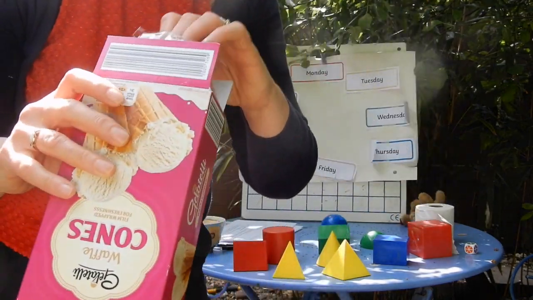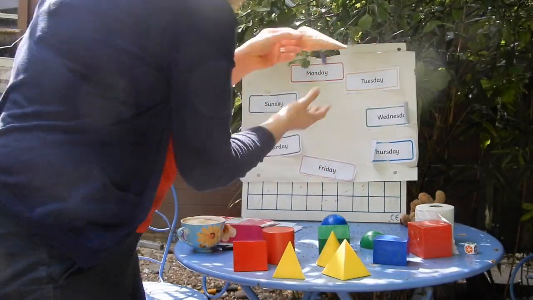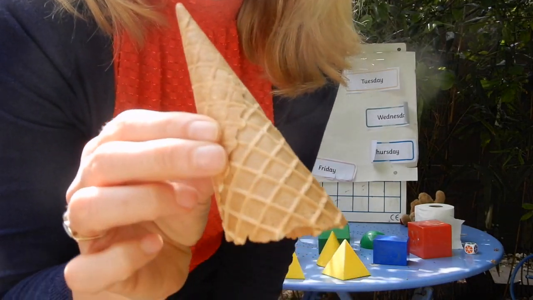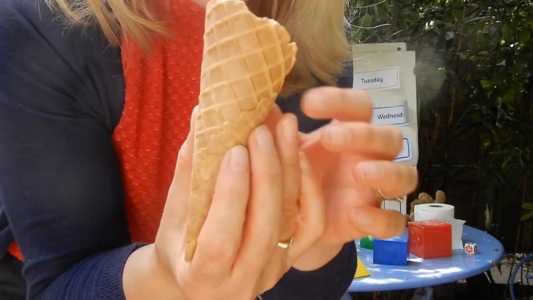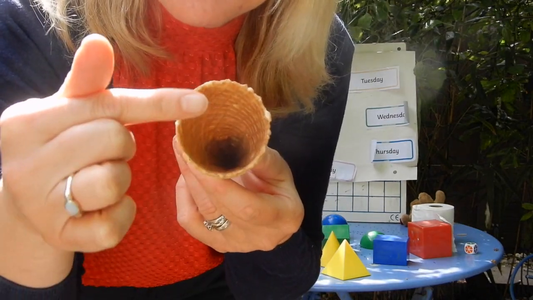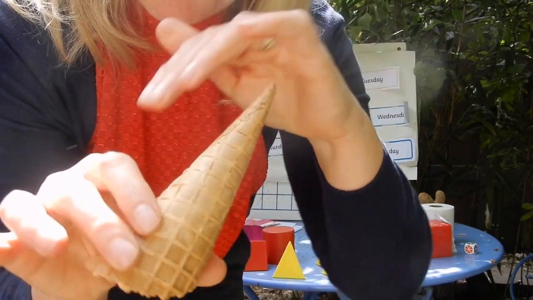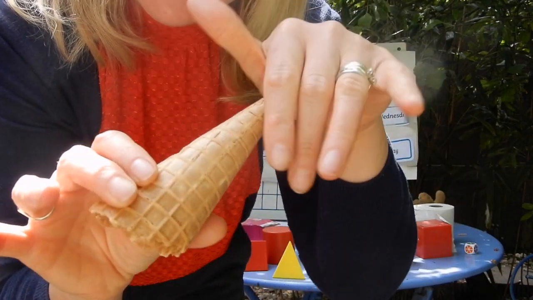Now I am back, hopefully you are back. I have managed to find a cone shape. Look, it's an ice cream cone. It's a little bit wonky at the top here, but you can see it has a circle-shaped face here. And it goes to one point at the top with a curved face around here.